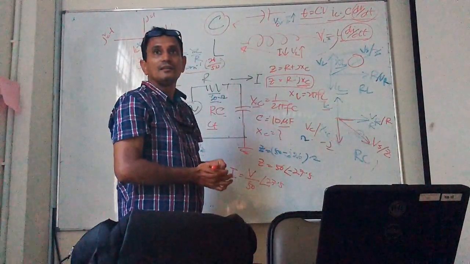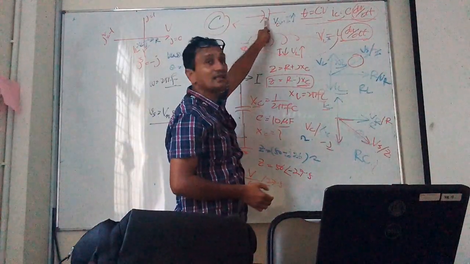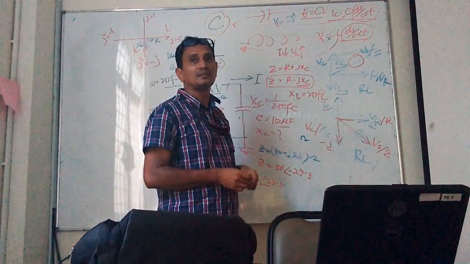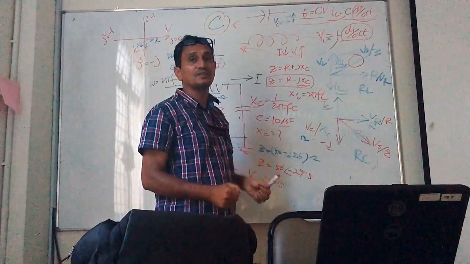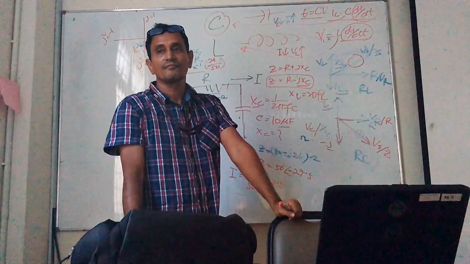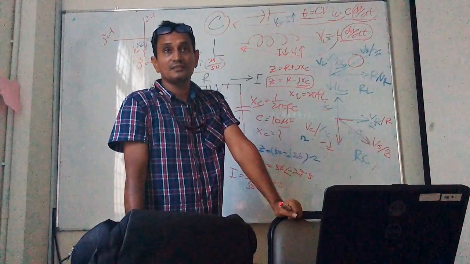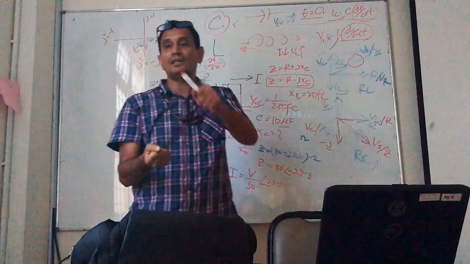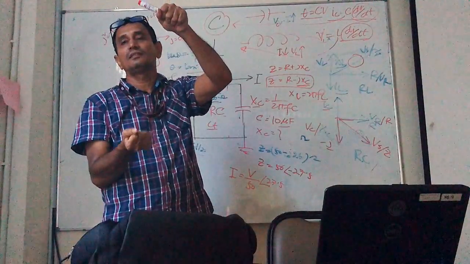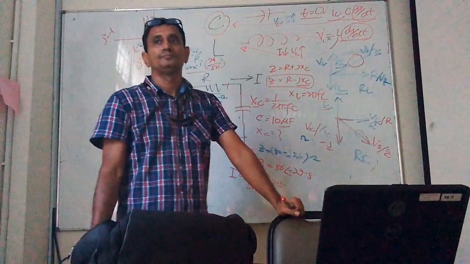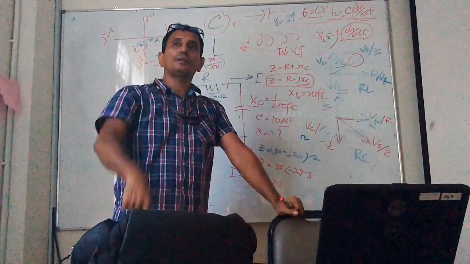If you apply DC to the capacitor, you will see the maximum voltage, because there is no change and the reactance value is highest. That's why you cannot apply a capacitor to a DC supply. You can, but it will hold a fixed voltage like the DC supply, and it cannot allow any current to flow.